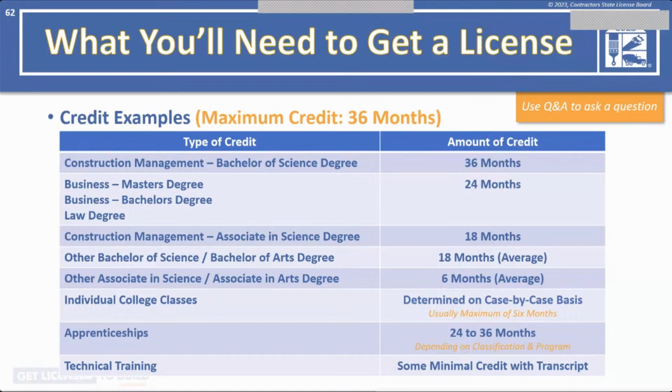So once again, if you are supervising employees of the company, that potentially can be experience toward the classification that you're going for, depending upon how you came to the level of project manager, supervising manager.